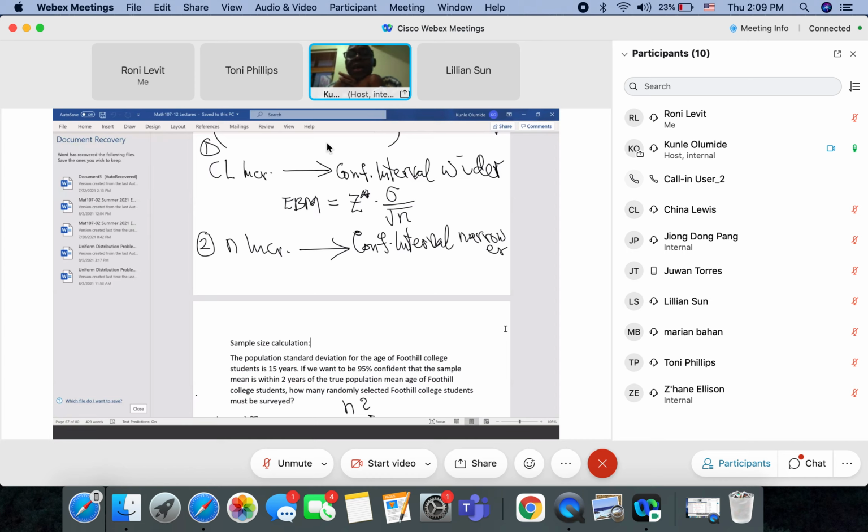You can write that down. We are given population standard deviation sigma. What is the value for sigma? 15. Good. Next, what else are we given? The confidence level, 95%.